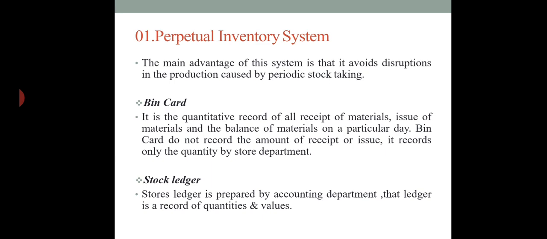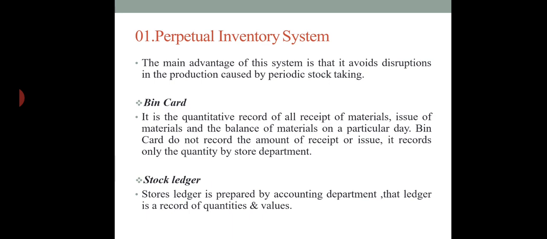Here in this slide, a bin card and a stock ledger are given. A bin is nothing but a place where the materials are placed. The material details are entered in the card, that is the number of units and the value of the material, everything.